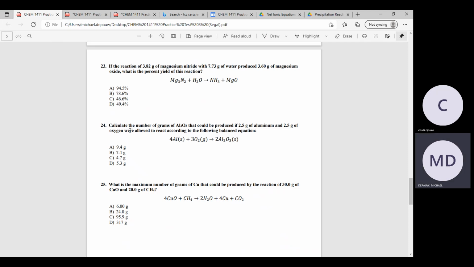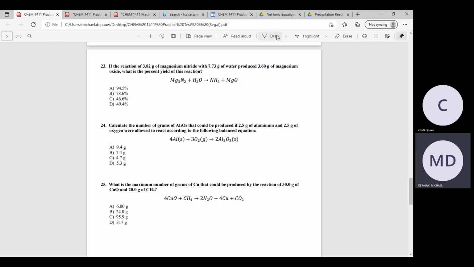So 24 basically states that it wants to know the number of grams of Al2O3 that could be produced from 2.5 grams of aluminum and 2.5 grams of oxygen. I found the easiest way to deal with these limiting reagent type problems is to convert each reactant to the same product. Let me repeat that. We'll convert each reactant to the same product.